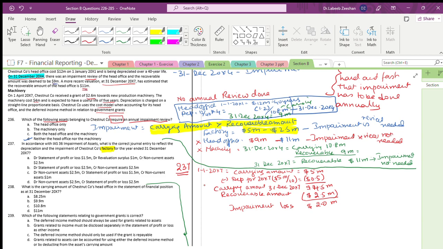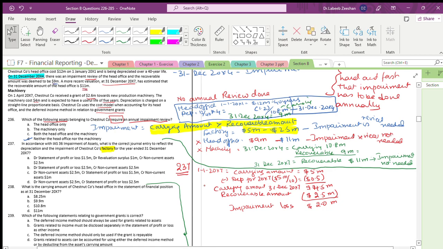Next, what they are asking us is what amount should be debited, in accordance with IAS 36, to the profit and loss account and how much to the revaluation account.